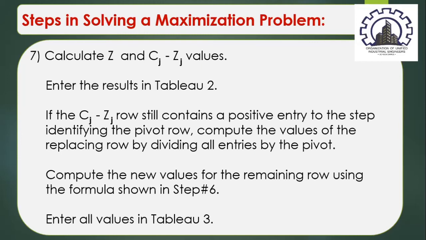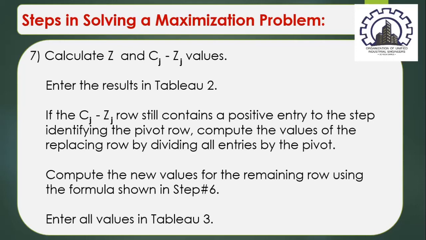Then we need to calculate the values of the replacing row by dividing all entries by the pivot. And after, we need to compute the new values for the remaining rows using the formula shown in step number 6. And then we need to enter all values in tableau 3.